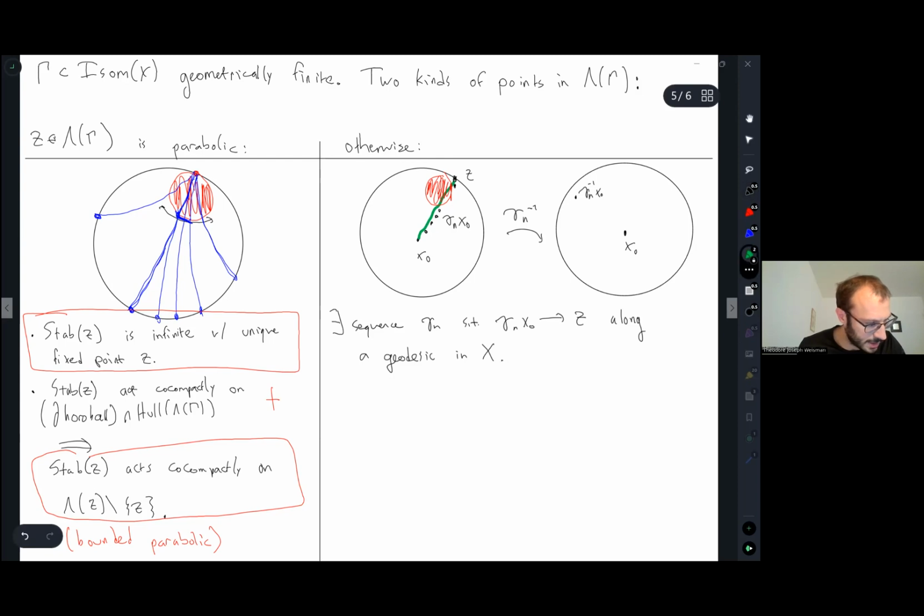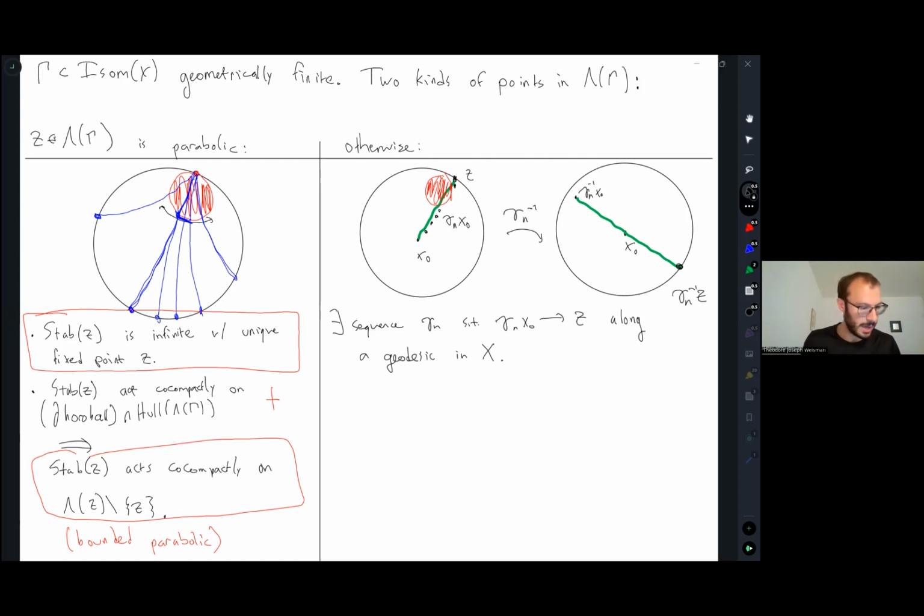And this green geodesic gets sent to some other geodesic, which passes close to my original base point in my space X. So my sequence gamma n doesn't need to preserve my geodesic, but it does take my original geodesic to a different geodesic, which passes close to some fixed base point. And the endpoint of that geodesic is gamma n inverse z.